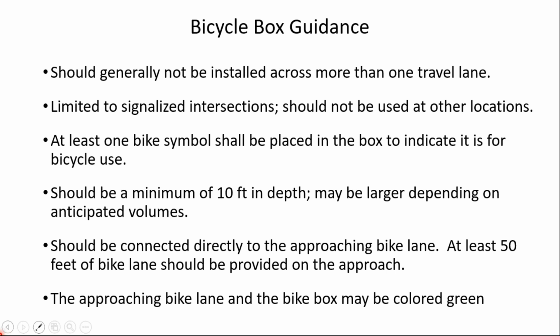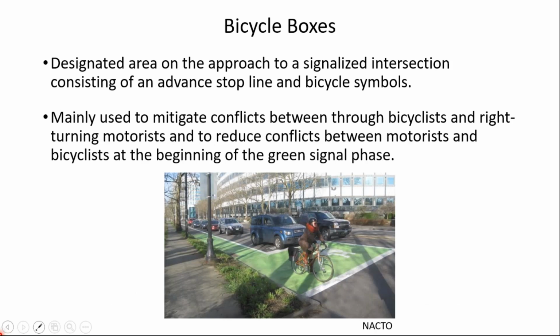And it should be connected directly to the approaching bike lane. The manual says at least 50 feet of bike lane should be provided on the approach. And notice it's the approaching bike lane and the bike box may be colored green. So they don't have to be green, but they might be. And so if you allow me to back up here, I mentioned this bike box, notice the symbol.